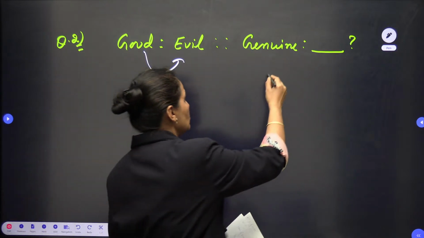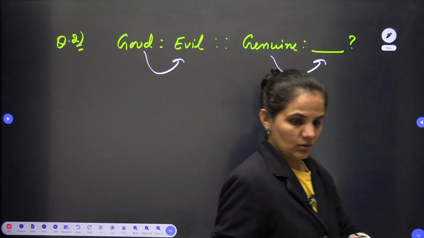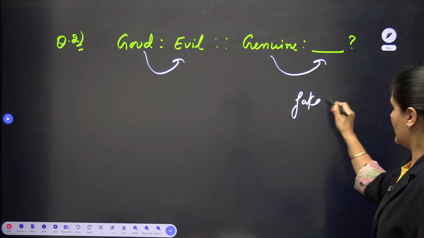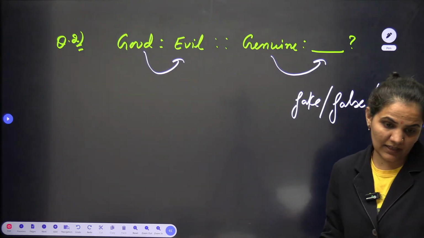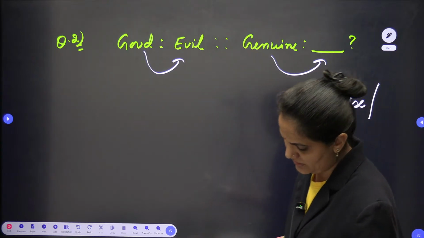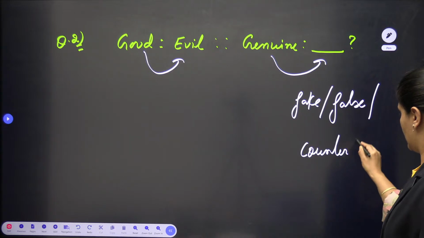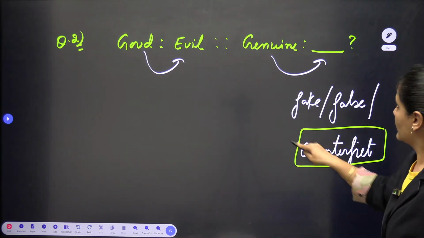So here also genuine is mentioned, it should be the opposite. So if you are writing the opposite, it can be fake, it can be false, whatever options are available. As one of the students mentioned, the key option is counterfeit. So this is the answer, if it is available in the options. So counterfeit is available, so this is the answer.